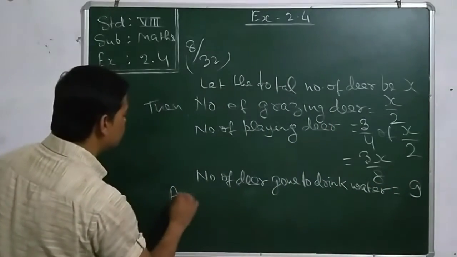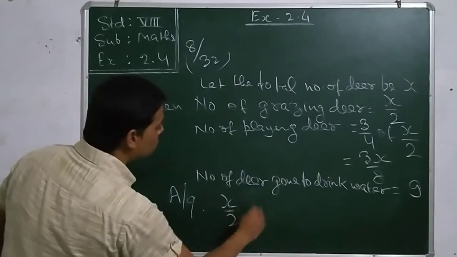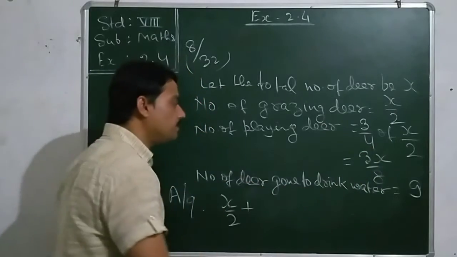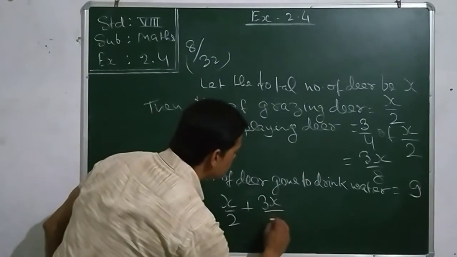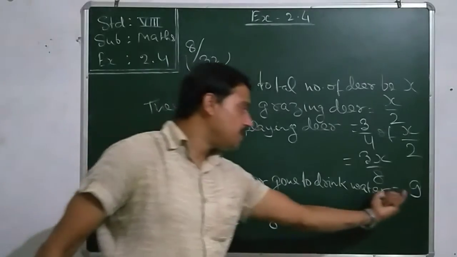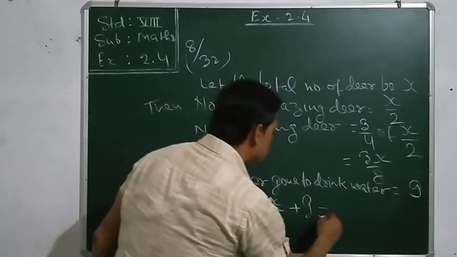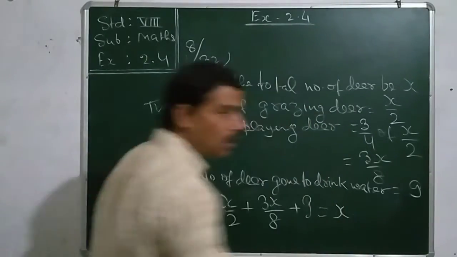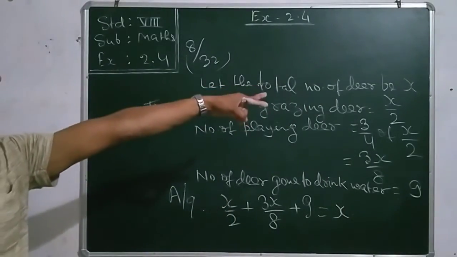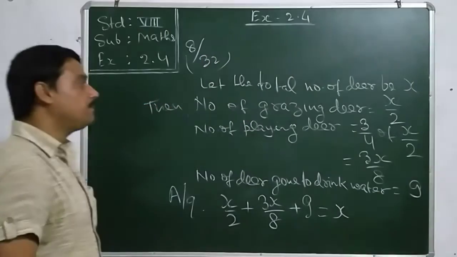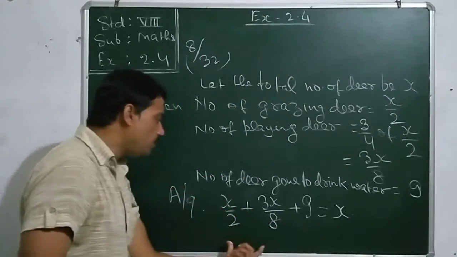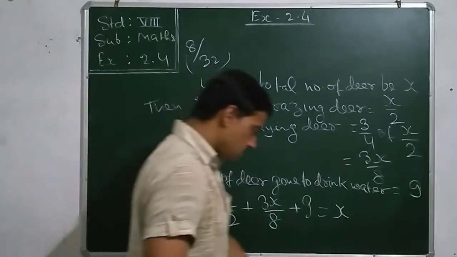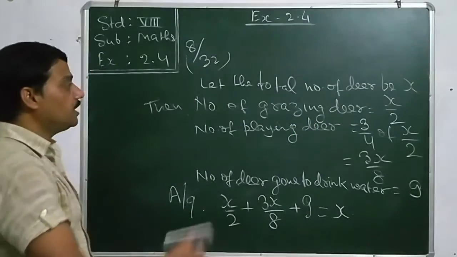So according to question, x by 2, half of the deer, plus 3/4 of half, that is 3x by 8, plus remaining deer 9. The sum of all must be x, because the total number of deer in the herd was x only. So simply solve this equation and you will get the number of deer in the herd.